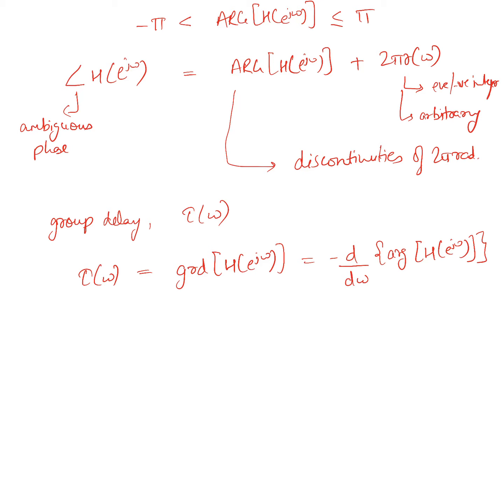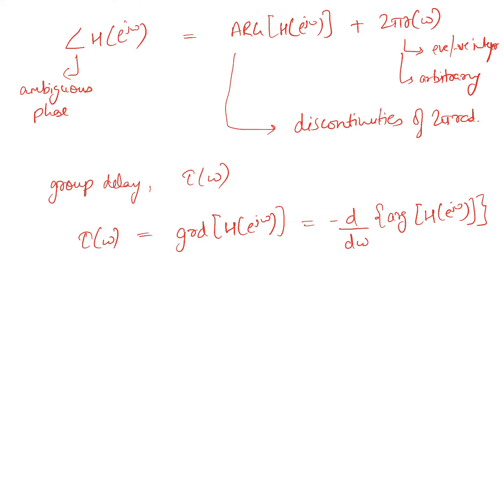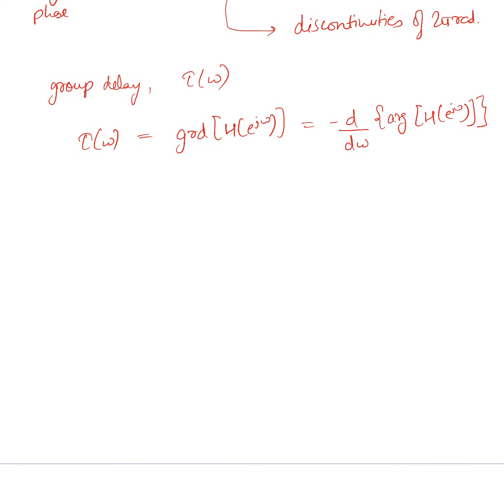So to understand the effect of the phase and group delay of some linear system, let's consider the ideal delay system. The impulse response of the ideal delay system is given as delta of n minus nd, where nd is the number of delayed samples and delta is the impulse function.